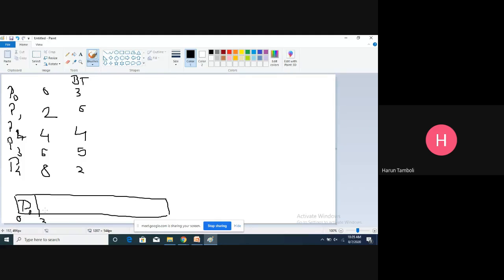Remember that this is a non-preemptive algorithm, so once the process is allocated, it will execute completely. So P0 will start execution and it will finish at 3.